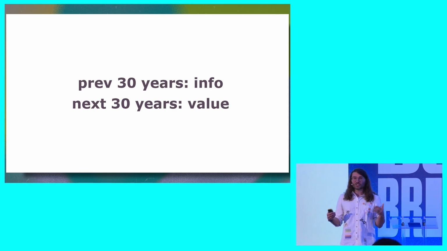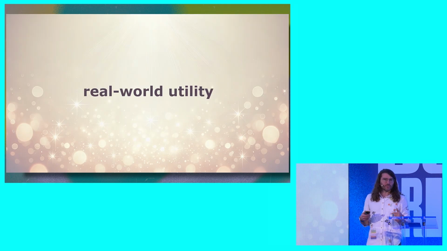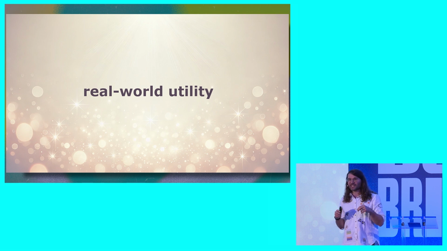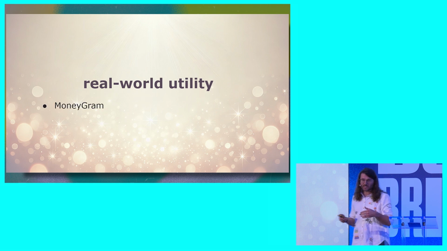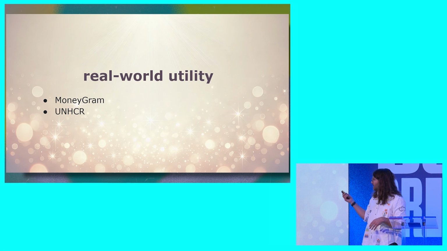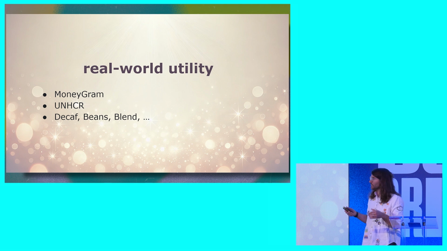But still, it feels good to be in an ecosystem that has real-world utility, right? In Stellar, it's not just money games for rich people like it is in a lot of other blockchain ecosystems. There are people building useful stuff for common people. There's MoneyGram and the UN Refugee Commission and a whole bunch of apps, more than I could list here, that are being used by regular people.